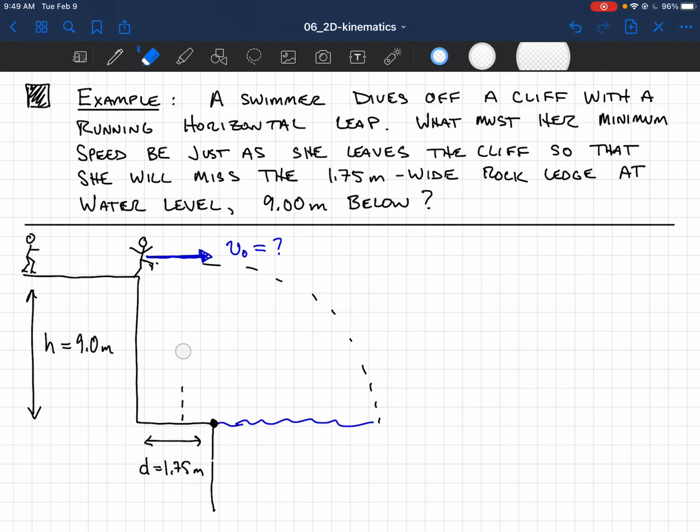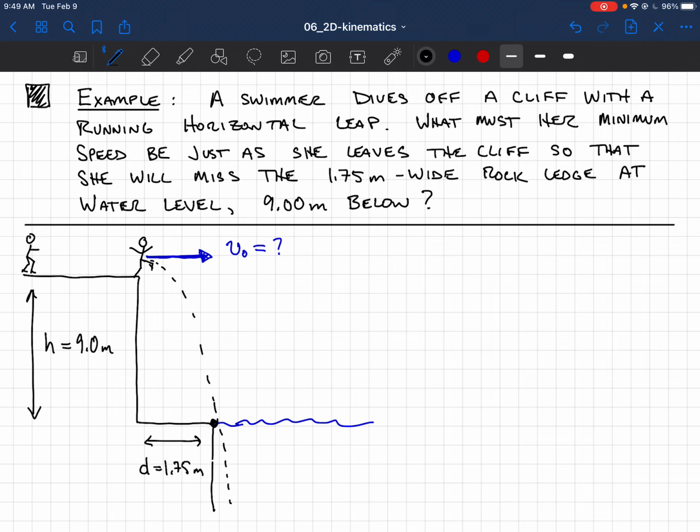So let's erase those other trajectories, and let's draw the trajectory for her going exactly like that. So she's going to just miss the cliff ledge at the edge of the water and make it into the water.